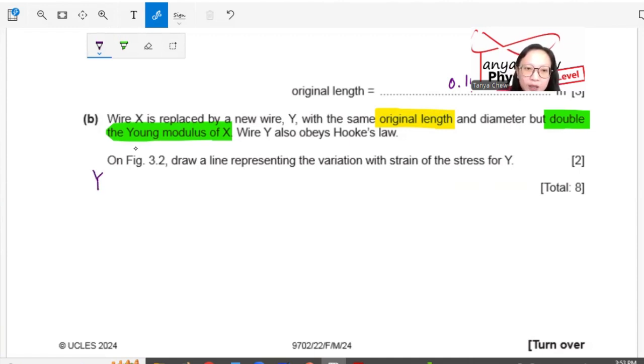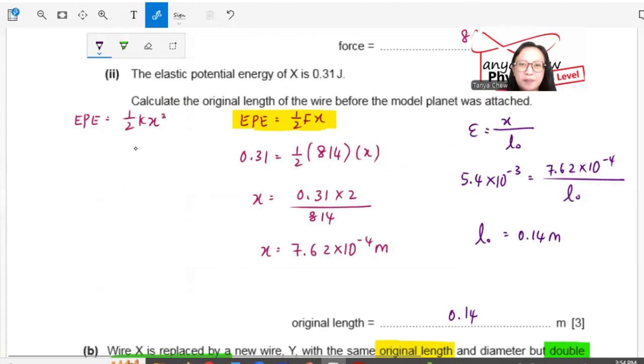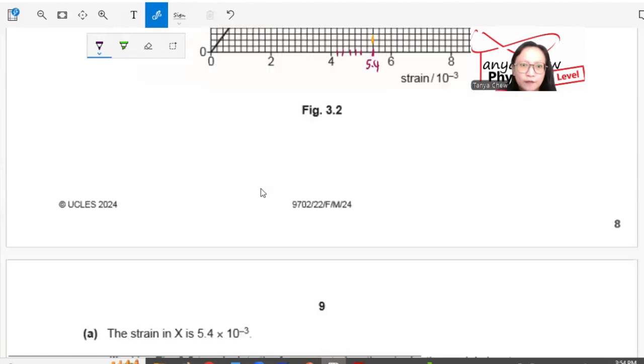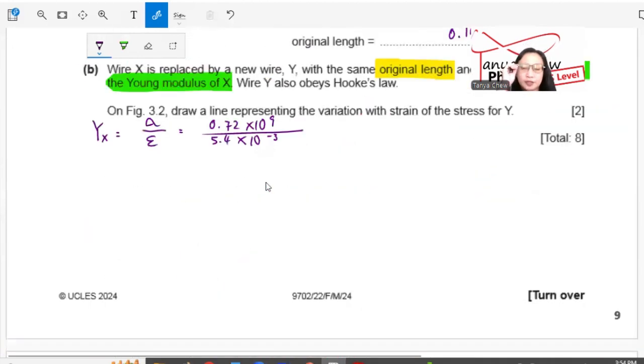So we know that Y X means Young modulus of wire X. The Young modulus of wire X, I just calculated, is stress of X per strain of X. So for stress of X, I'm using 0.72 times 10 to the power 9 over the strain of X, which is 5.4 times 10 to the power of negative 3. I'm using that strain here, and then I got the value of the stress here to find my Young modulus.